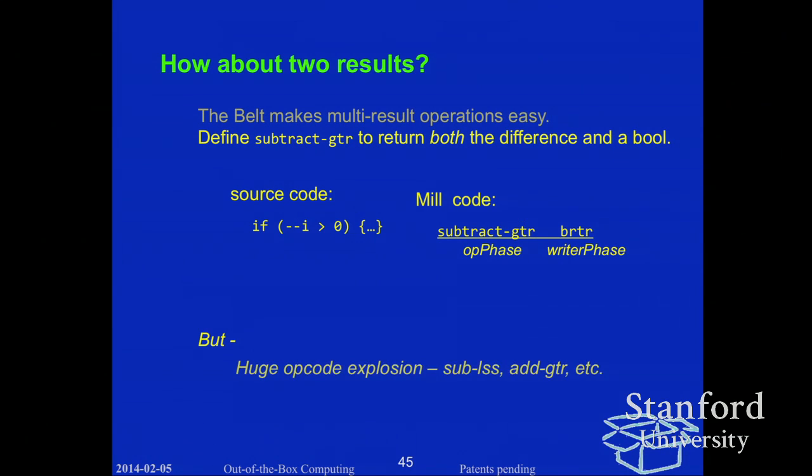Except you wind up with a huge opcode explosion, because for everything that might produce a condition code-like result, you now have to have flavors that produce each of the individual possible conditions, and your opcode space, the bit space in your encoding, winds up getting rather nastily cluttered with stuff like that.